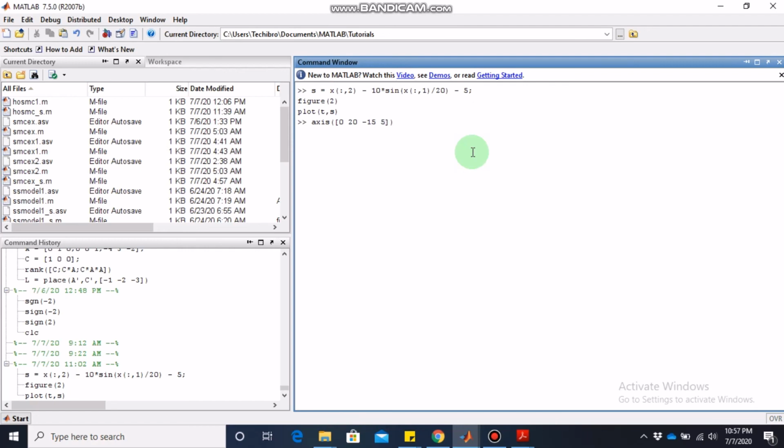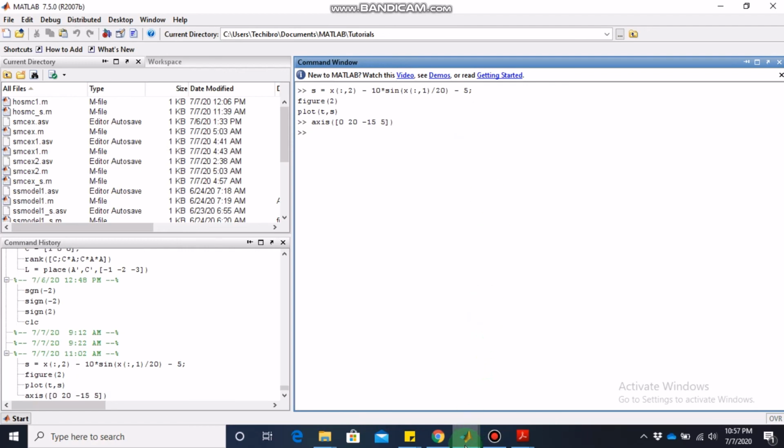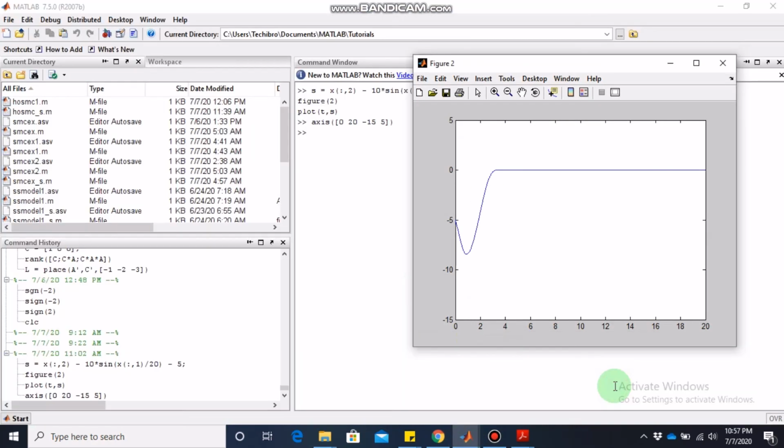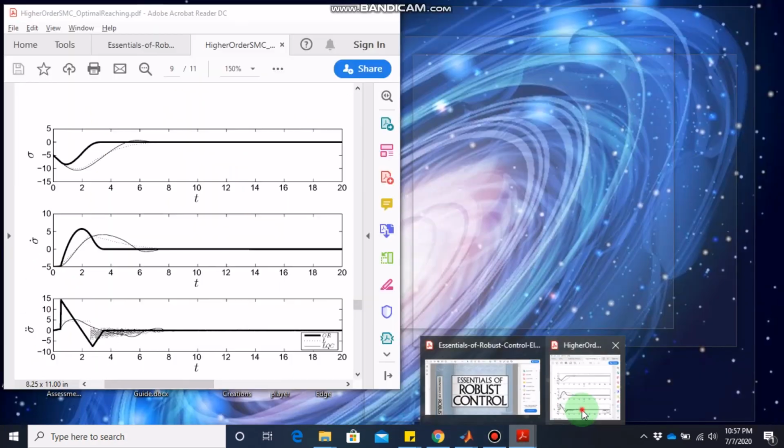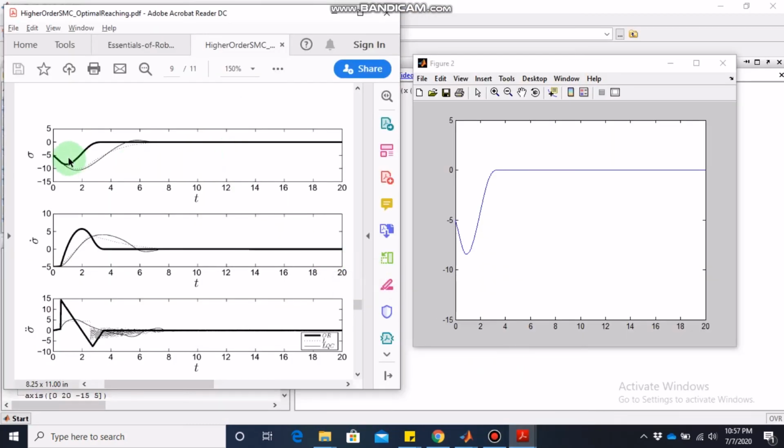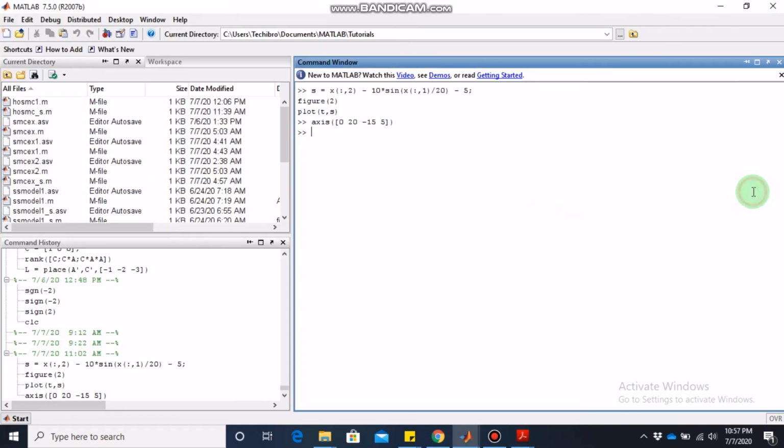If I press enter, let me see if the axes have been adjusted. You can see here now the axes have been adjusted, minus 15 to 5 and 0 to 20, and now you can compare this. The plot remains the same, so there is no difference in the plot. So that's how you can recreate the results in a research paper.